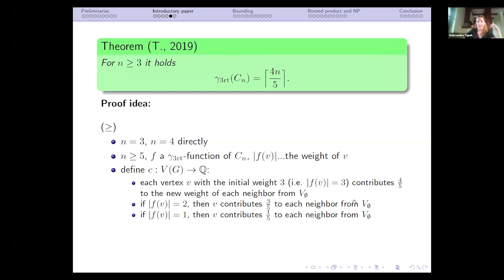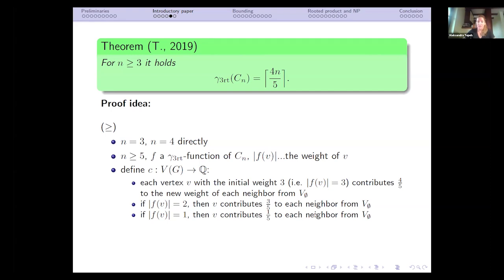And if initial weights are 1 and 2, then vertices contribute 1/5, respectively 3/5, to each neighbor which was initially empty. And in this way, because we just redistributed the weights, we keep the total weight.